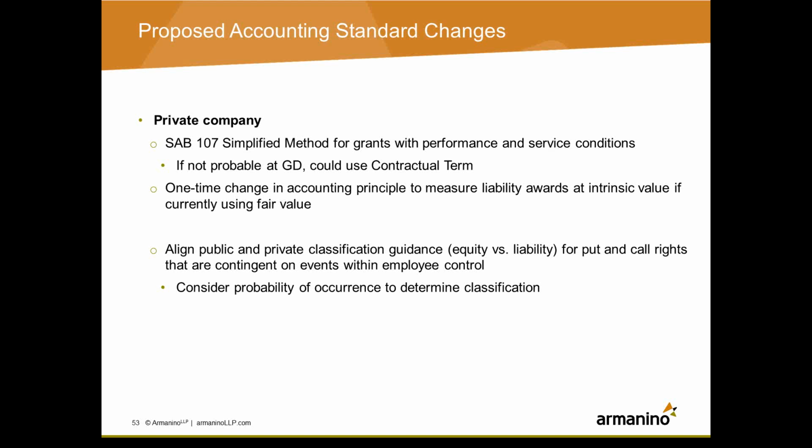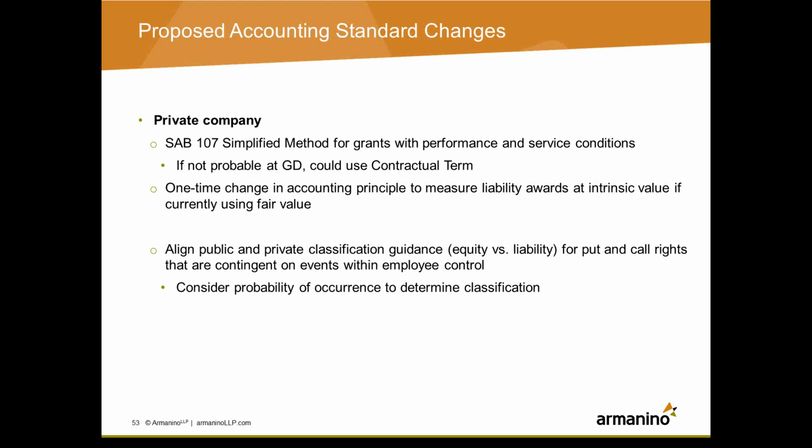Now, if you're a private company and you've historically been using fair value, you can make an election, or they're contemplating you being able to make an election, back to intrinsic value. So again, simplifying those awards that you have to revalue at every period using intrinsic value. A lot of this comes from the discussion of whether private company options are even worth very much.